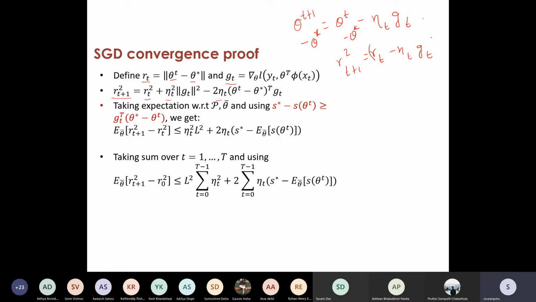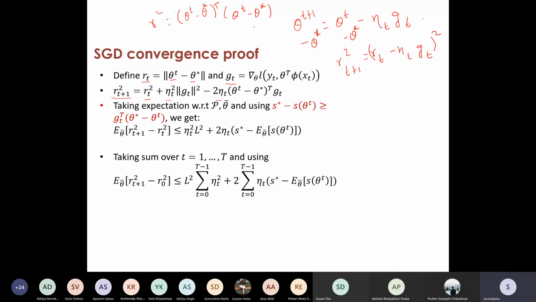Now if you take the square here, RT square is basically theta t minus theta star transpose theta t minus theta star.